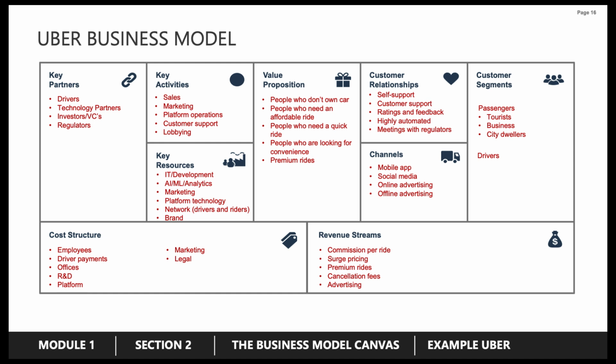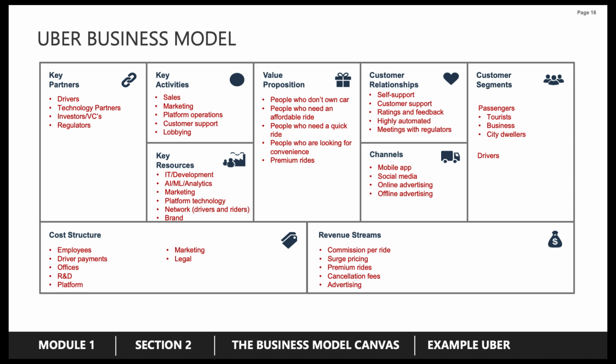In terms of their channels and how they market themselves, the mobile app is clearly one of the most important parts of that, but they also use things like social media, online advertising, and even offline advertising such as billboards and other things. In terms of the value proposition, what's the value of Uber?